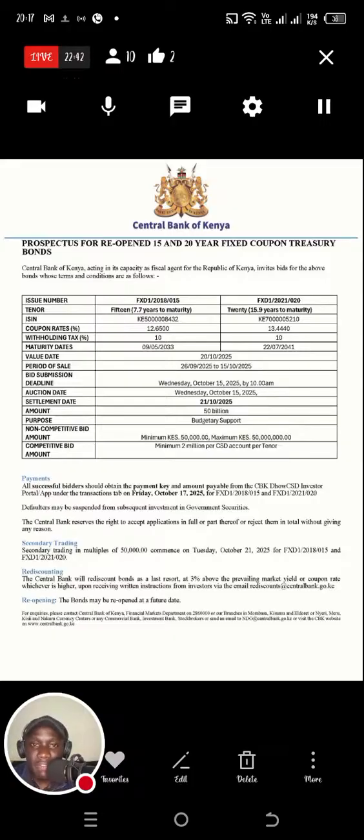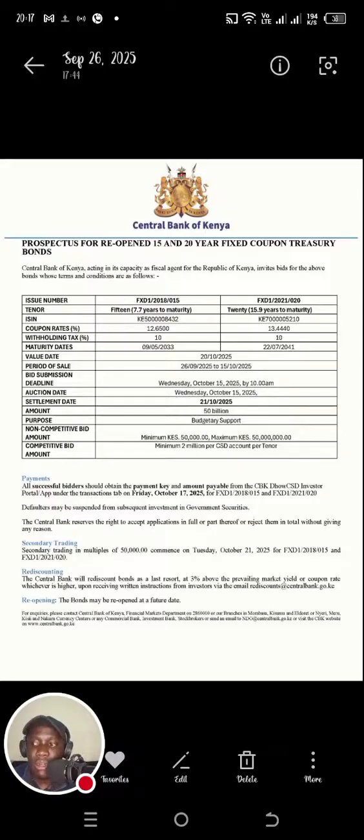Now, for the payment for these treasury bonds or government securities in general, it is you, the investor, that will have to send the money from your commercial bank to the Central Bank of Kenya. Don't make the mistake of thinking that the Central Bank of Kenya will deduct money automatically from your account.